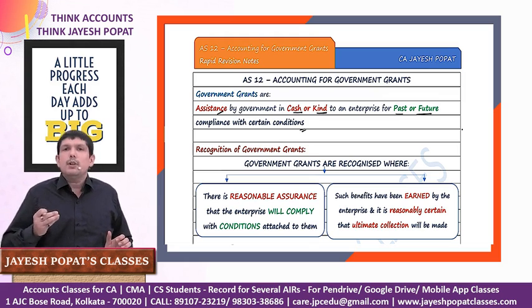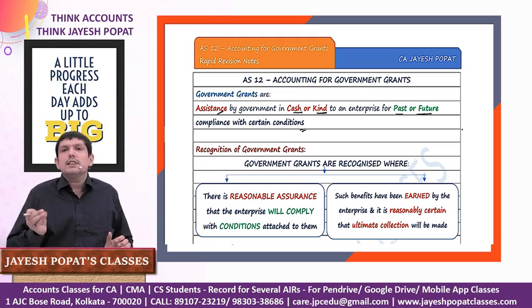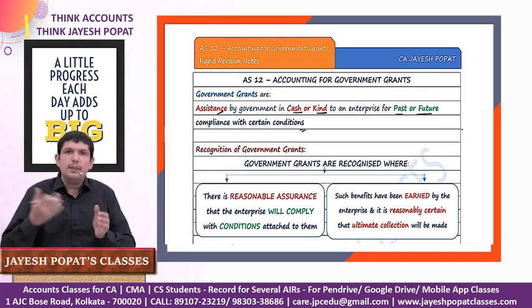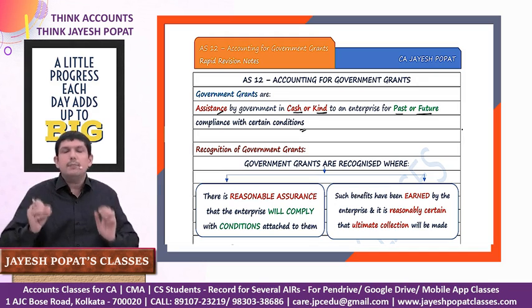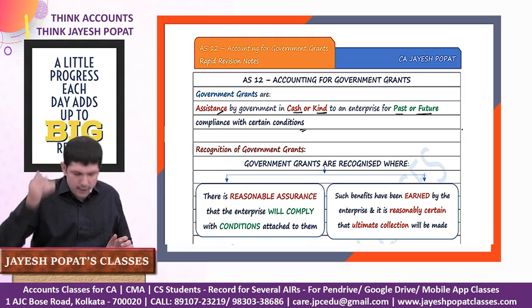The government will come out with an incentive scheme that whosoever sets up their factory or undertaking in that area may get certain money as an incentive for setting up the factory, or may get certain tax concessions, or maybe their employee cost will be reimbursed. It can take various forms, but it is help or assistance given by the government to a business for complying with certain terms and conditions.